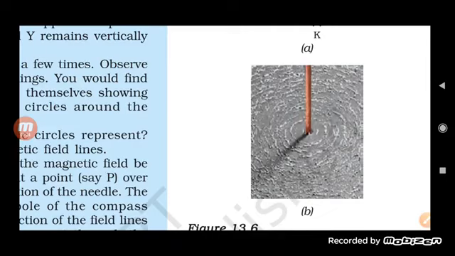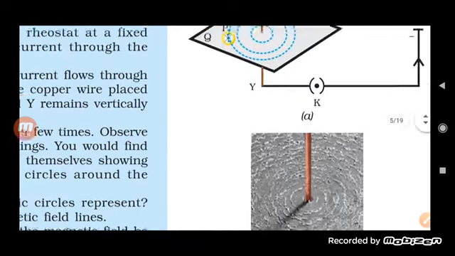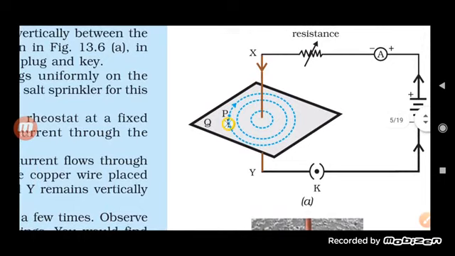You can see they form a unique pattern, a concentric circle, like a cycle they have arranged themselves. So when you take a copper wire, attach it with the battery, and keep this wire passing through a cardboard and sprinkle iron filings, as the current passes through it, this time you do not have to tap like we did to find the magnetic field in the previous one.